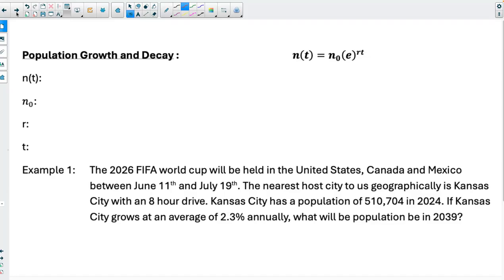Now, we're looking at some stuff here. I want you to identify for me my initial population, my rate, and how much time is passing.